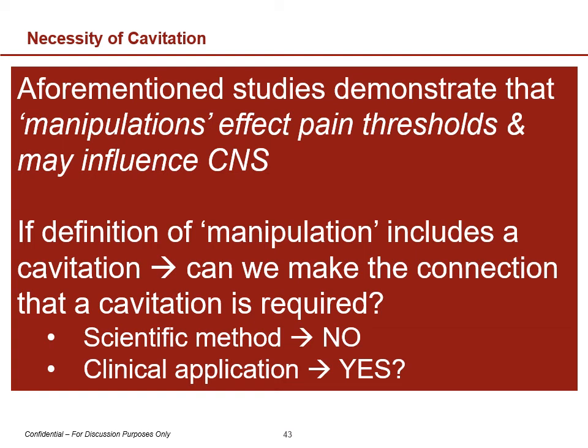Well, if you follow the scientific method, no, not really. It's not required. But if we think of it from a clinical perspective, when there are a lot of different variables, a lot of different unknowns, and we kind of jump to conclusions, which again is not the scientific method, clinically applicable, clinical finding, possibly yes.